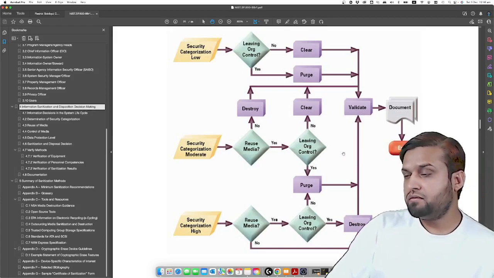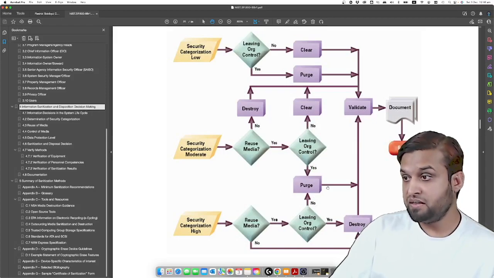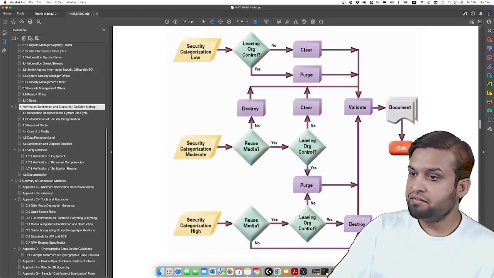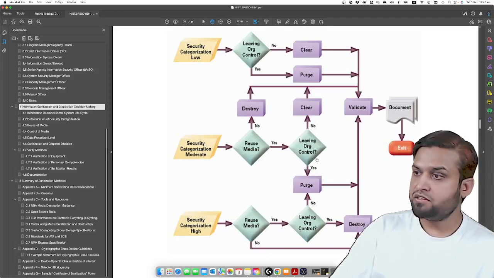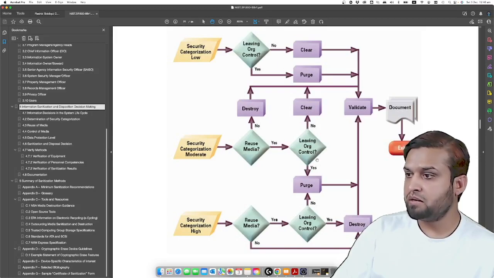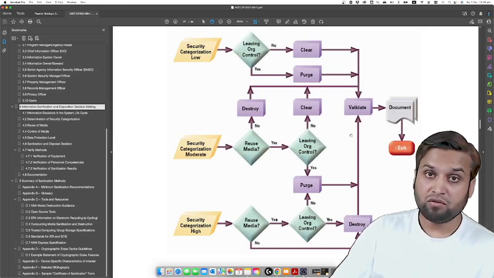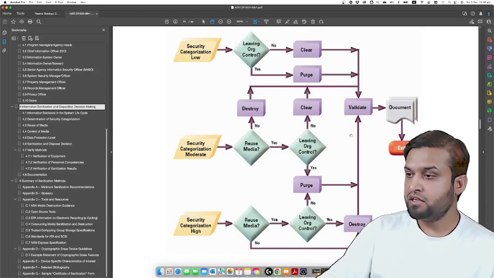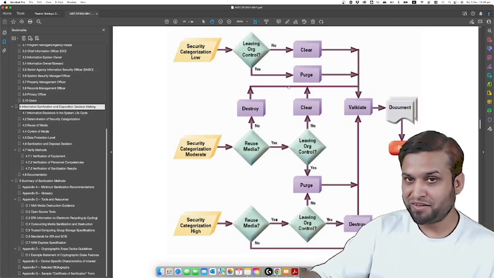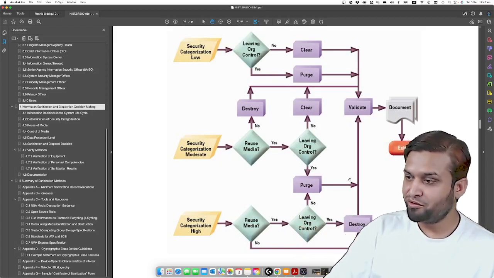If you look into this chart, you will get the feeling that we are favoring purging if it is low and medium and it is leaving the organization. If it is not leaving, we are basically using the clear method, right? You can keep this in memory to answer some of the difficult questions framed based on this flow chart.